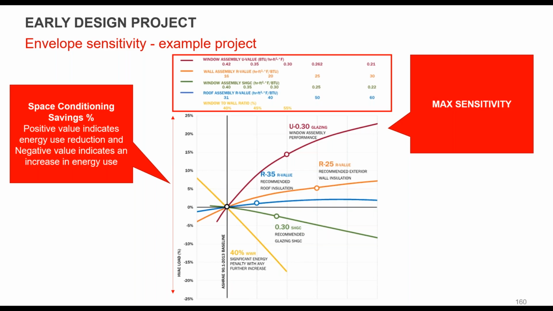Some of the decisions that are made later won't have as big an impact as some of the ones you're looking at today. And so I think that's the thing to be clear about, showing a graph such as the one up here right now, that glazing U value is really important. It's important to have good insulation values, but they are not contributing anywhere near the impact of the glazing. Also, the glazing percentage, and I think that's some of the keys there.